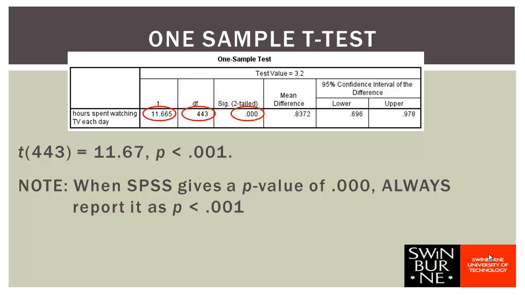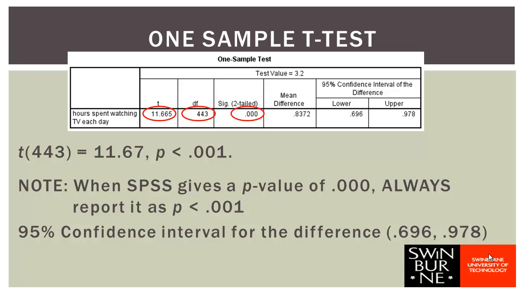Now, in this one sample t-test output, there's another set of information that's really useful, and that's this 95% confidence interval for the difference. The first confidence interval we looked at was the 95% confidence interval for the mean, and that told us we were 95% confident that in the population of all Australian university students, the average time spent watching TV was somewhere between 3.9 hours and 4.2 hours.